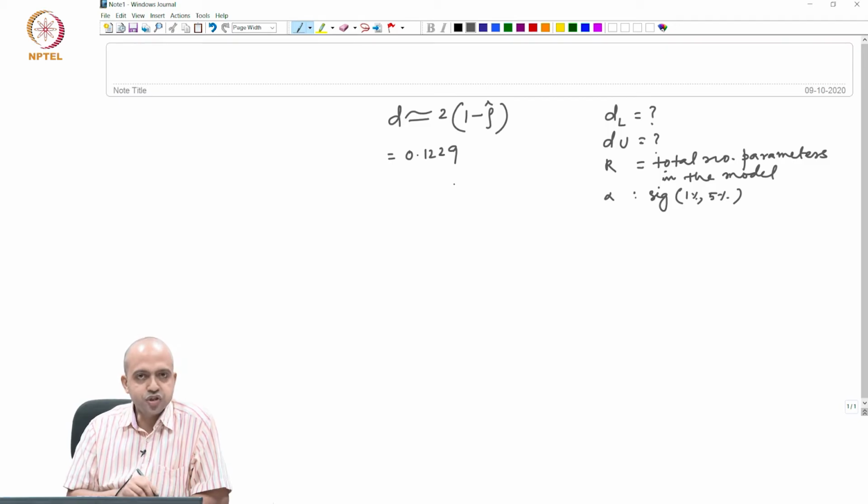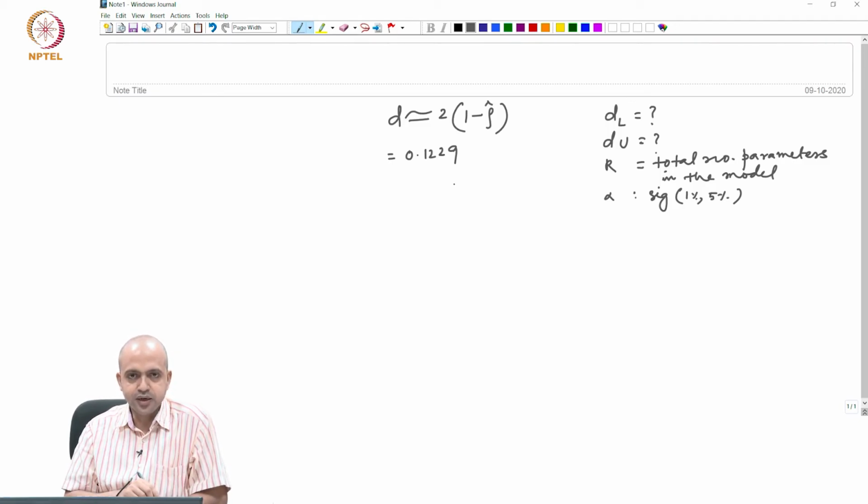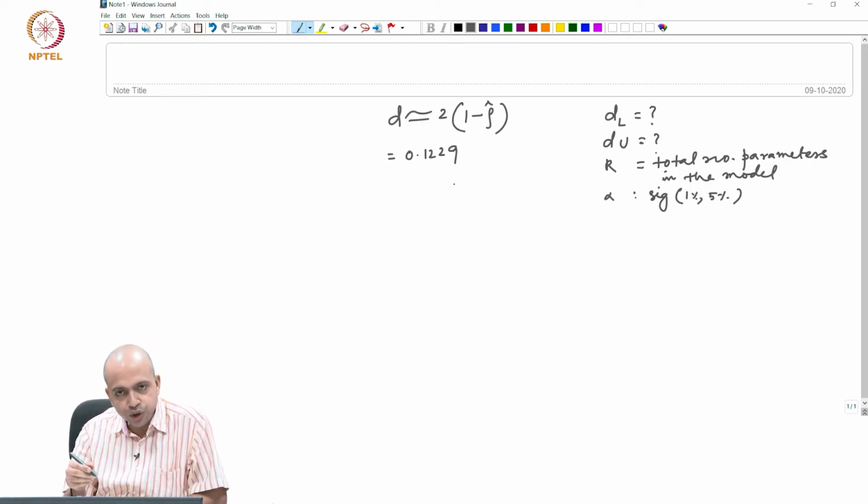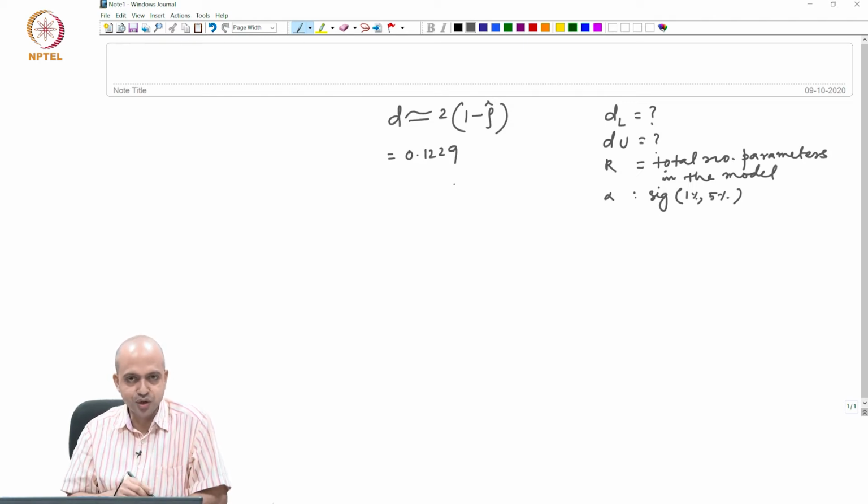So, let us say this calculated D is something around 0.1229. As we said, when the calculated Durbin-Watson test statistic value is in the neighborhood of 2, there is no autocorrelation. But as D approaches 0, we get more and more evidence of autocorrelation.